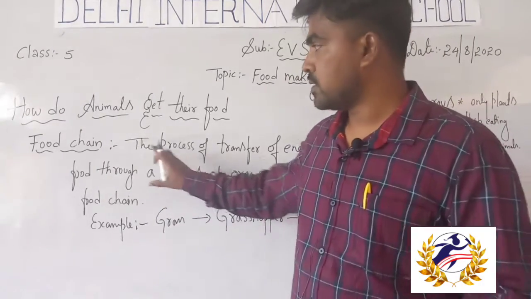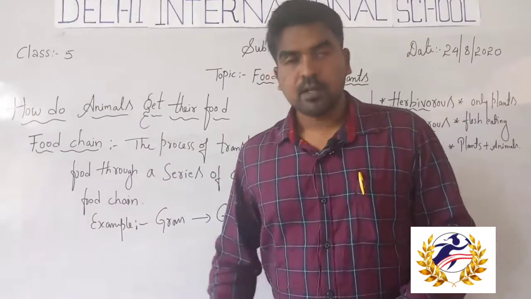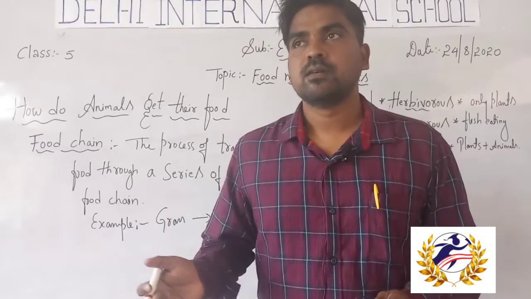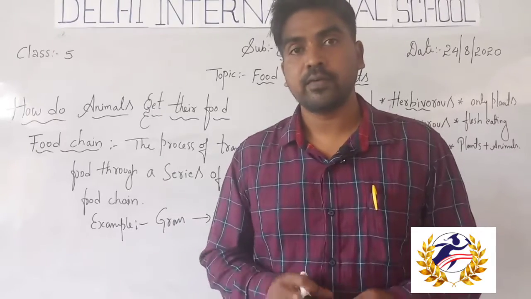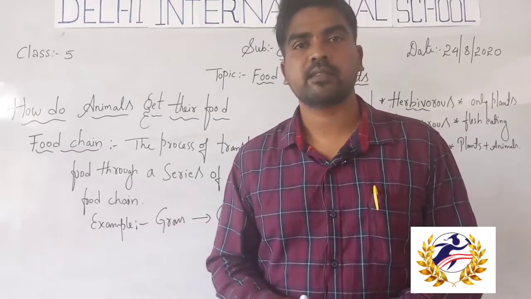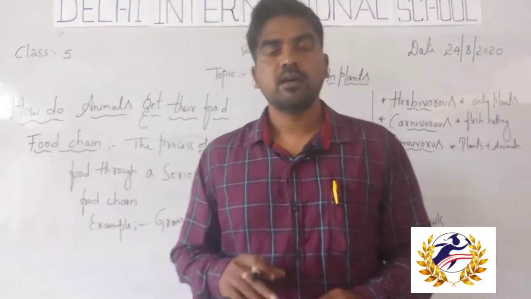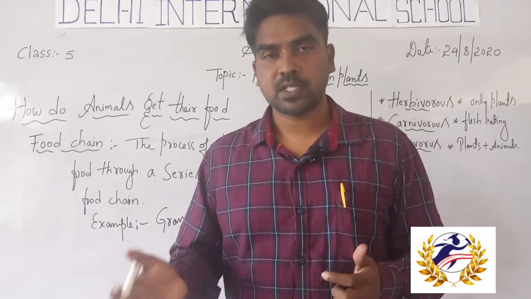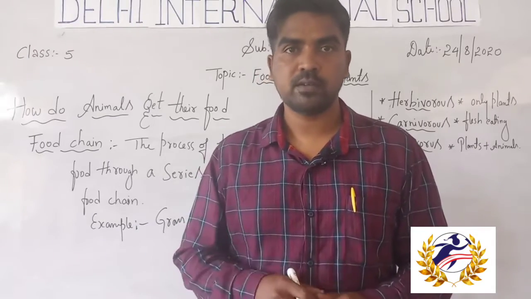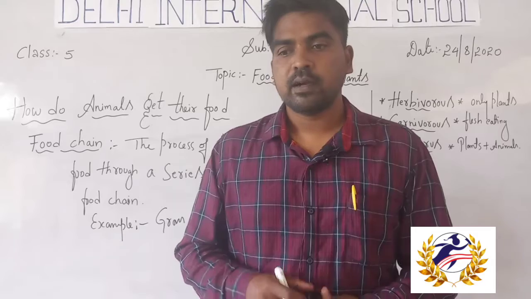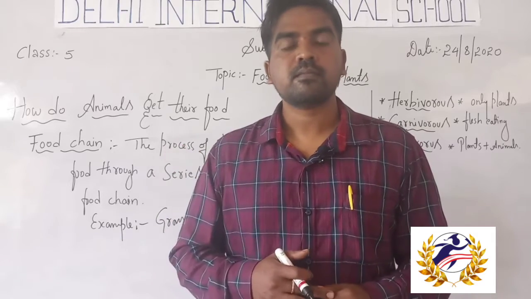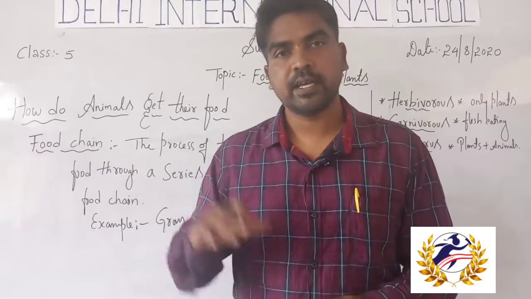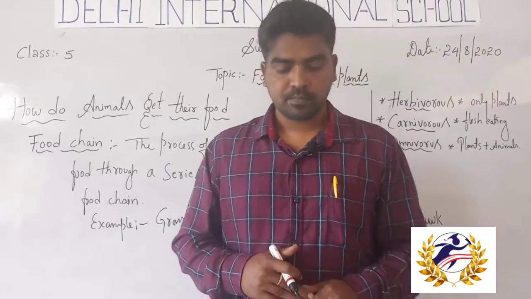I will explain the concept of food chain. Students, we are all living on planet Earth. All the living organisms present on planet Earth, some live on land, some live in water, we call them aquatic animals, and many birds fly and stay in the air.